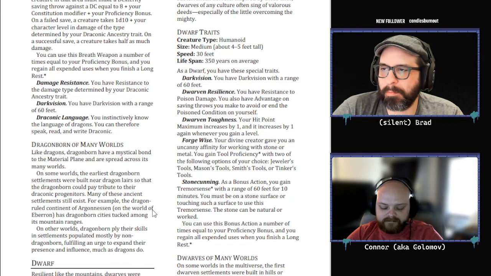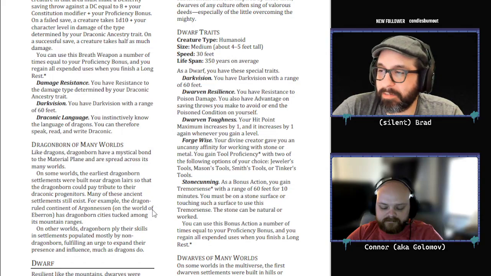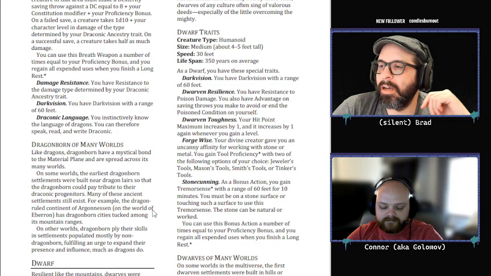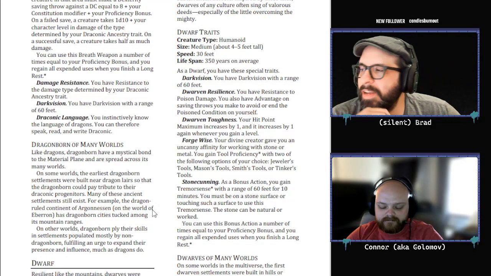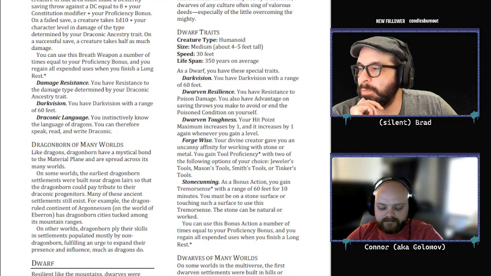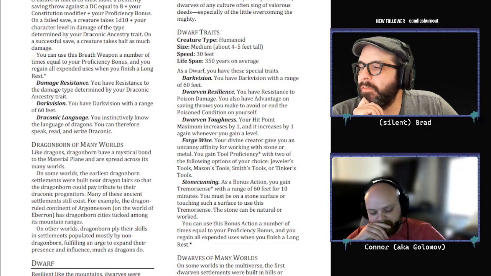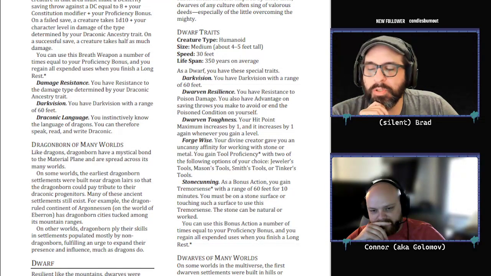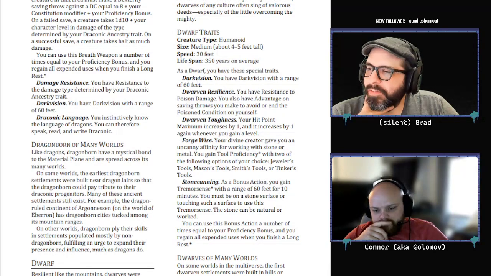humanoid again, medium again, 4 to 5 feet tall, so not 4 to 7. Makes sense. Speed, they got rid of the 5-foot speed disadvantage that they had, because they used to be 25, now they're 30. But they also got rid of the speed is not reduced by wearing heavy armor. And then lifespan 350.